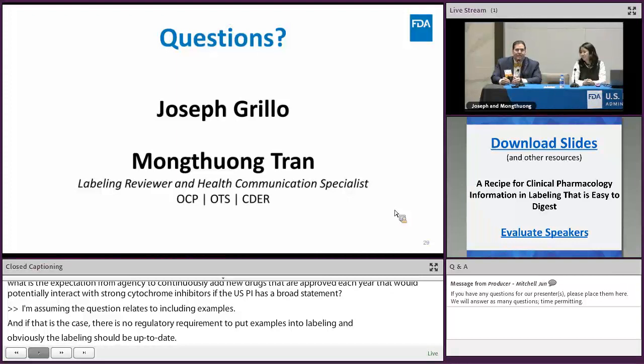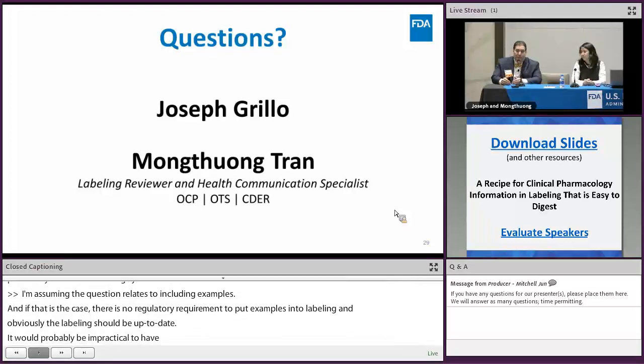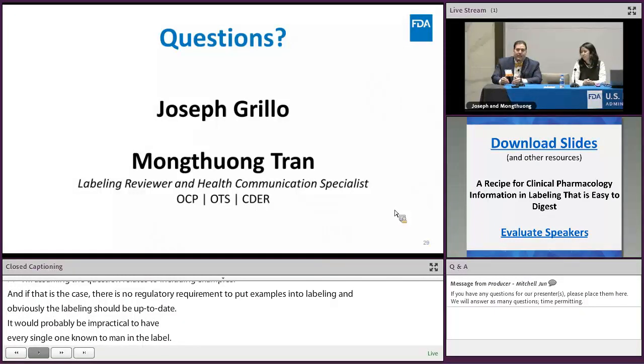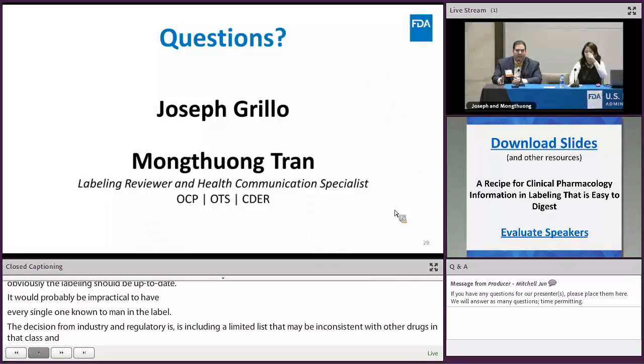Again, the decision from both the industry and regulatory part is that including a limited list may be inconsistent with other drugs in that class even. Is that helpful or is that not helpful? So I think that's the bigger question with regard to the example issue.